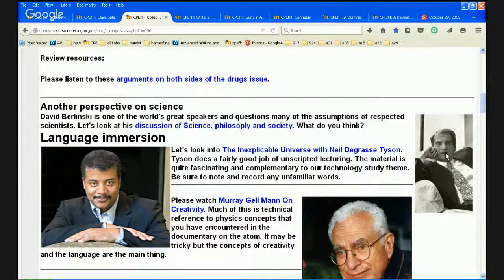One of the things you'll notice about Berlinski is his language. It's very hard to imagine anybody better. And so, of course, it was natural that somebody decided to put together a debate between Berlinski and Hitchens. And they did.